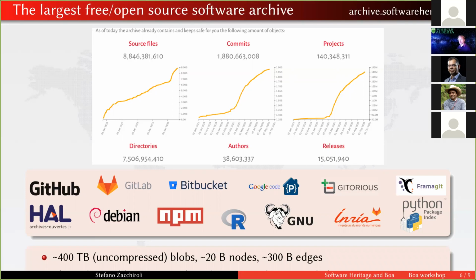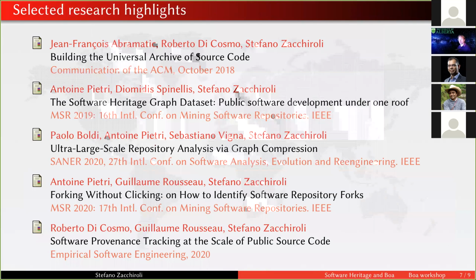So just a few selected highlights in the kind of research we do around this. The first article on this slide is just the general philosophical presentation of the project. And the second one is right now our best approximation of how we allow researchers to do studies on our dataset.